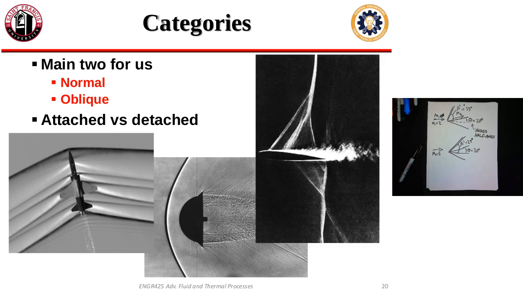Could you figure out what the beta angle is there, and then figure out what the turning angle would be? Yeah. So if I could measure this wave angle from the picture, I could figure out how far the flow is turning to go up the nose here.